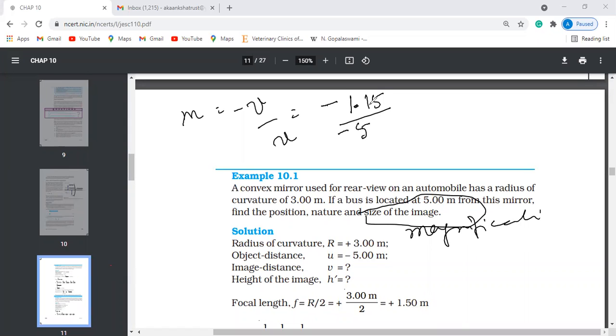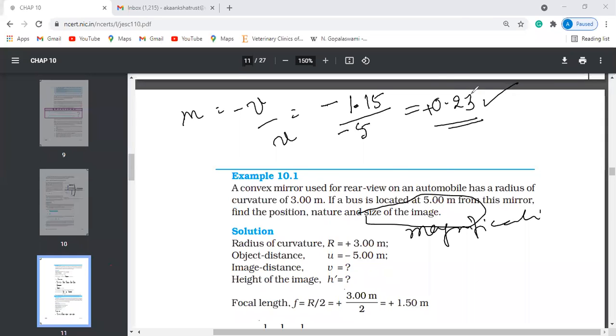What is the answer? Minus 1.15 divided by 5. We'll get around 0.23.